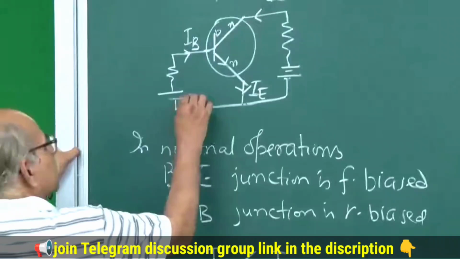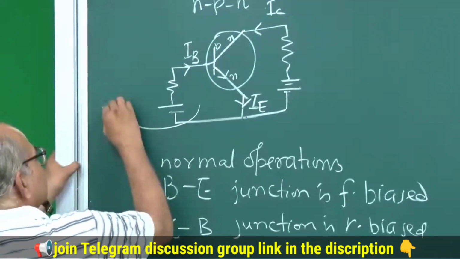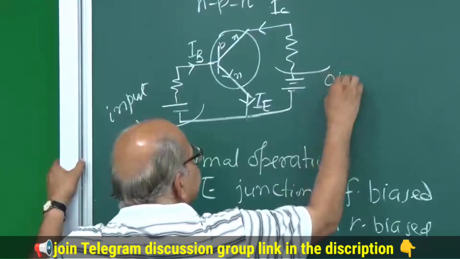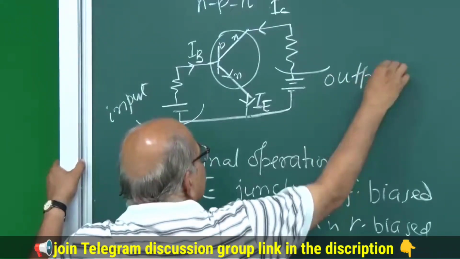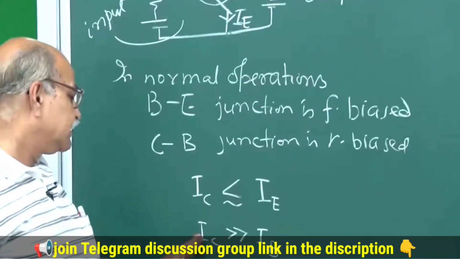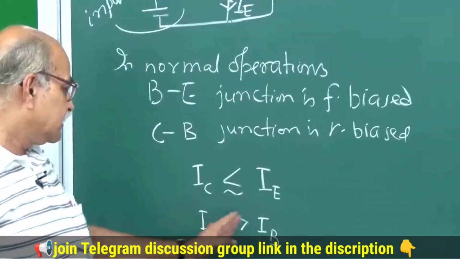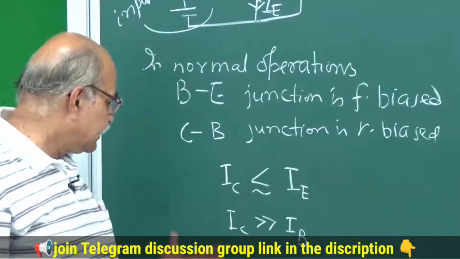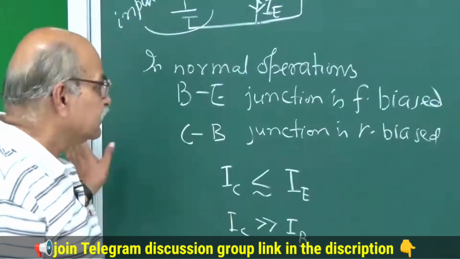So, we normally treat this as the input side and this as the output side. So, you have this input current IB and output current IC, and the current is magnified, increased by a large factor.